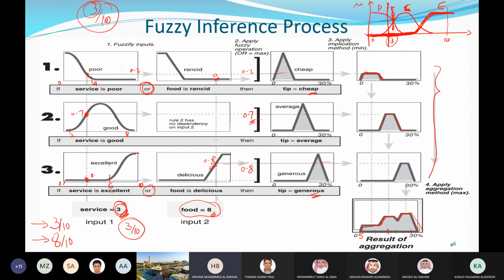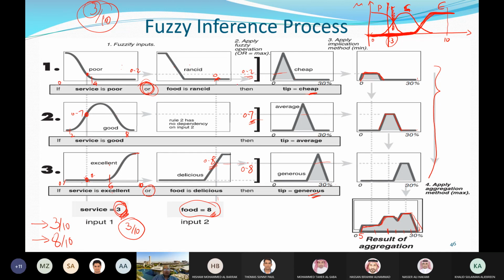The value of 8 here with respect to rancid, membership equals 0. So you come up with this 0.2 and this 0, and this is OR, so you get the maximum. So the maximum here of this antecedent part of the first rule is 0.2.